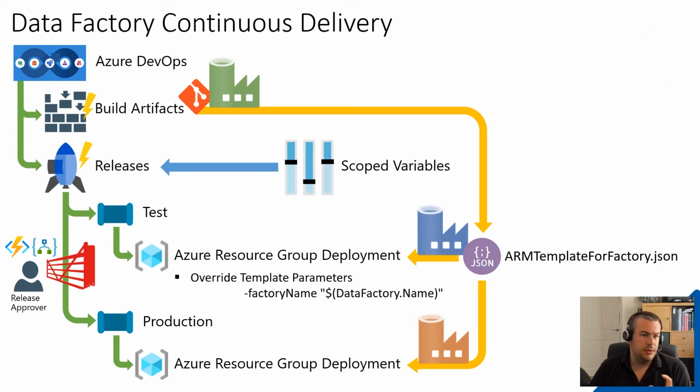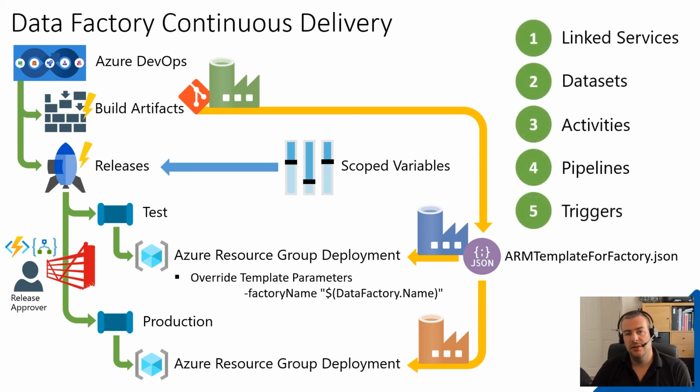But, and there is a fairly big but here, if we're doing that ARM template, that ARM template for factory as it's called, it's going to do a wholesale deployment of all 5 of those components that we have within our data factory. Now, we might not want to do that. We might want more of a granular deployment.